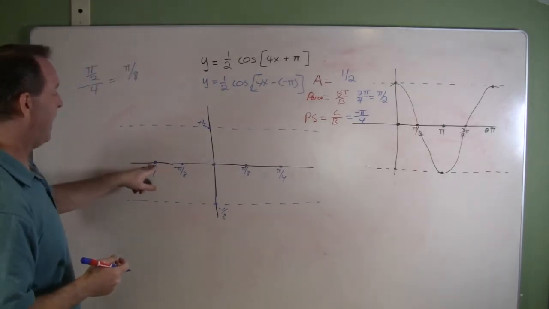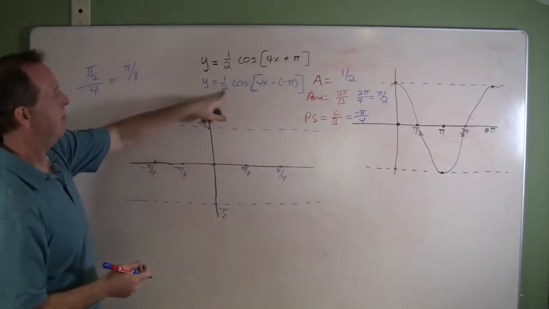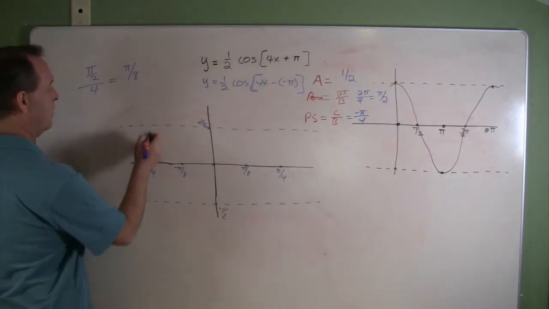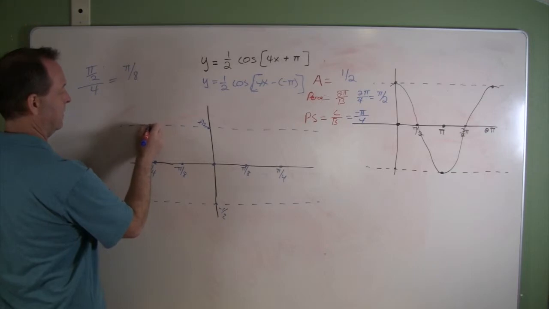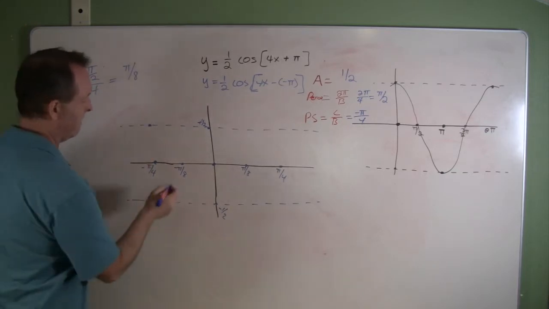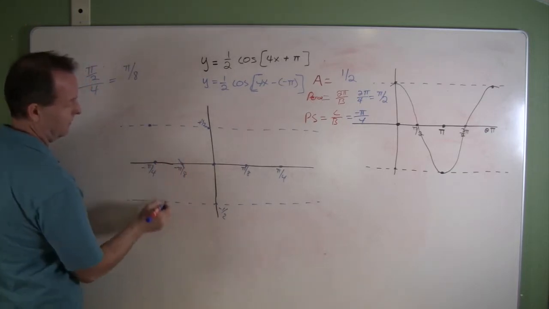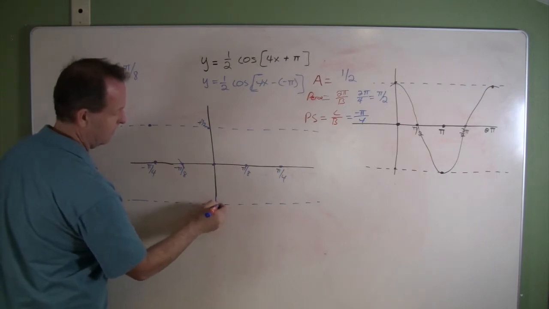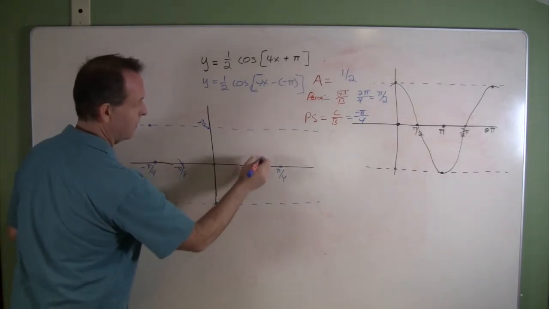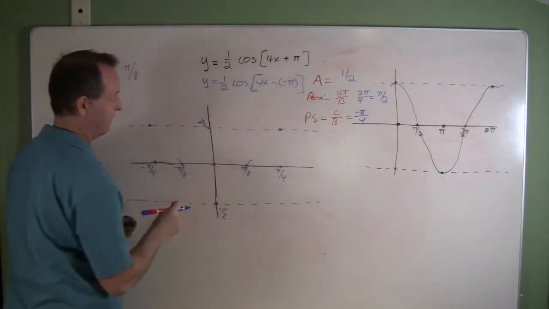I know that the graph begins at a positive 1/2. So there's my maximum. Here's my 0. There's my minimum. Here's my next 0. And here's my maximum on the graph.